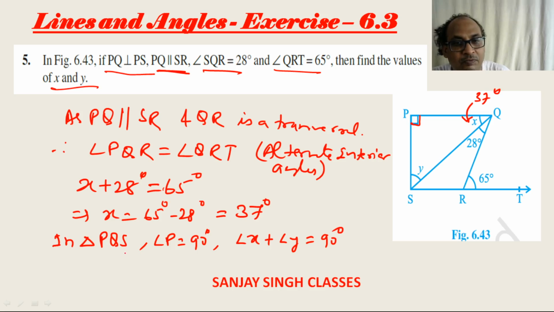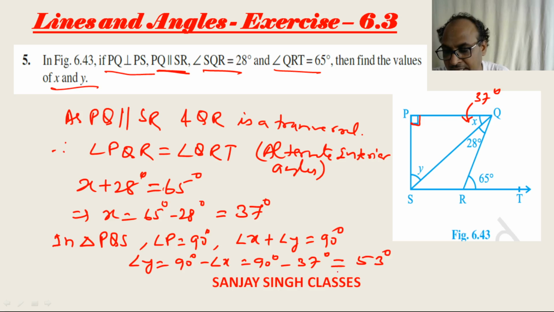Angle X is available with us, so angle Y is equal to 90 degrees minus angle X, that is 90 degrees minus 37 degrees. So it is 53 degrees. So angle Y has become 53 degrees.